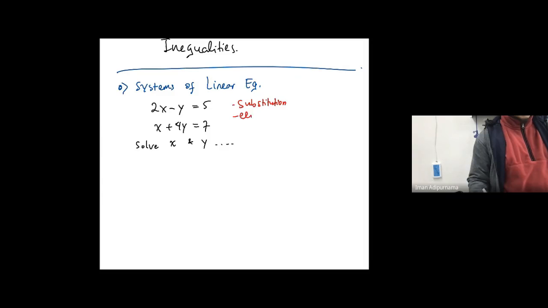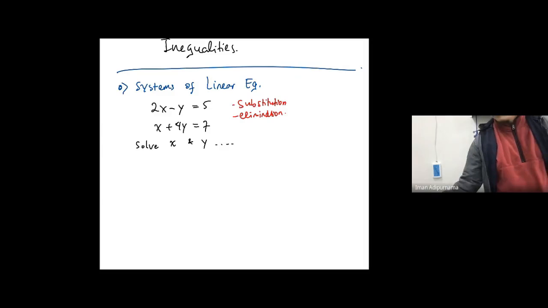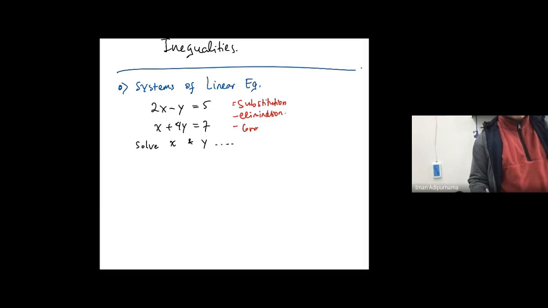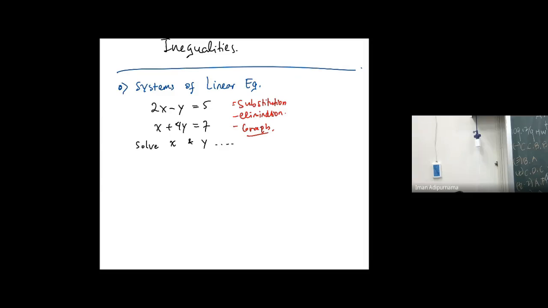Or elimination, right? And then maybe another way is through a graph, but this takes time. You graph it and then see the x and y.